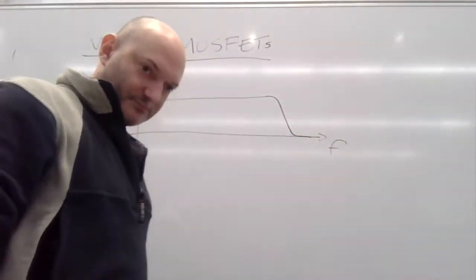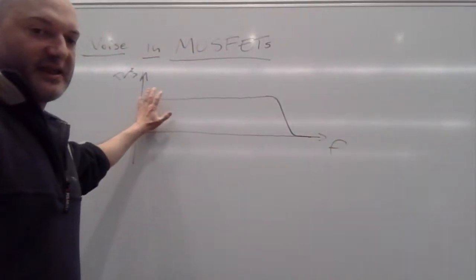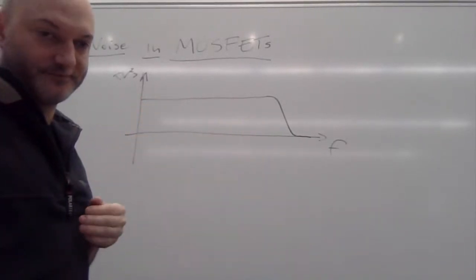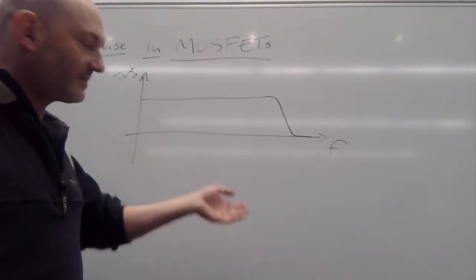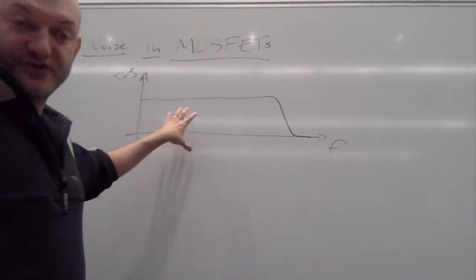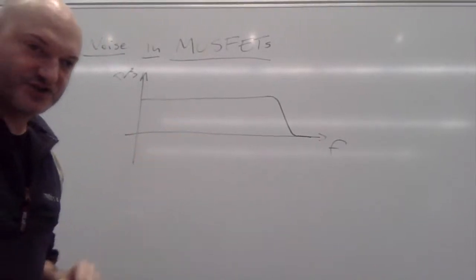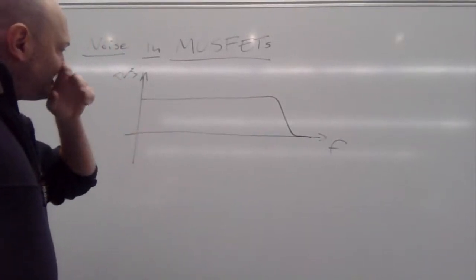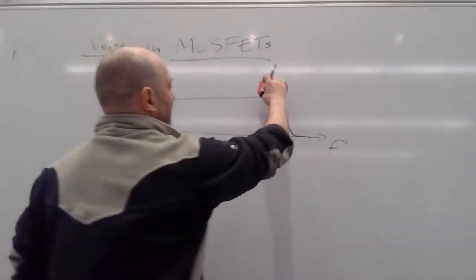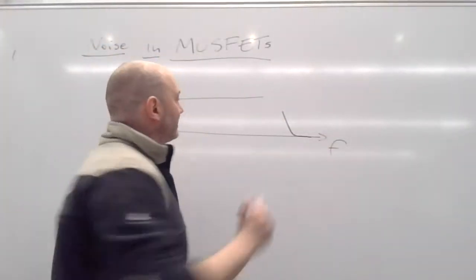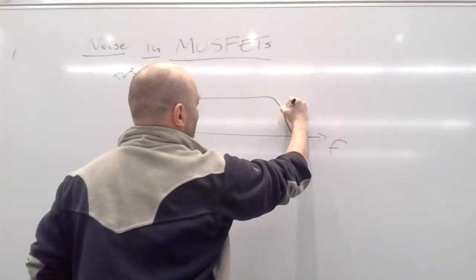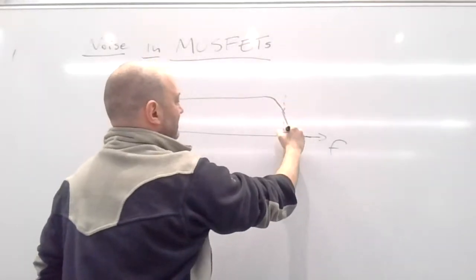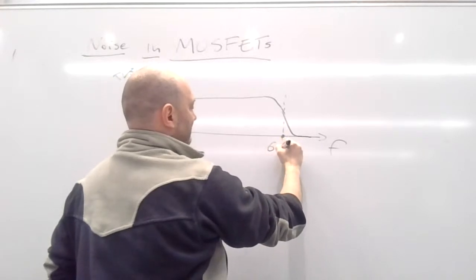So the total area there, which gives us the amount of power that the noise can provide to a load, is actually finite, so we don't have any strange behavior. Now, just to give you an idea, at room temperature this drop is approximately 6,000 gigahertz.